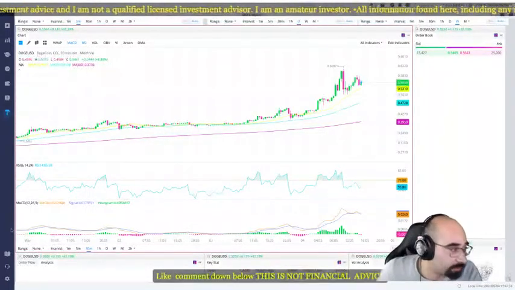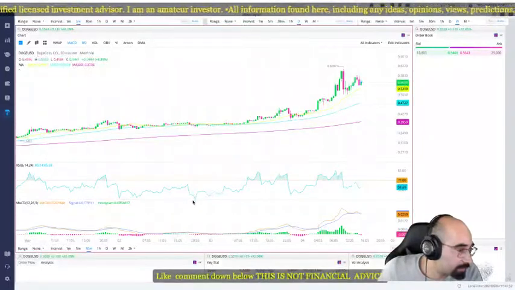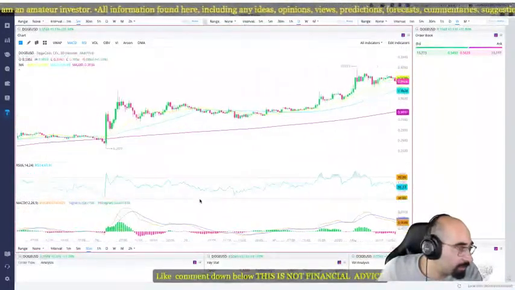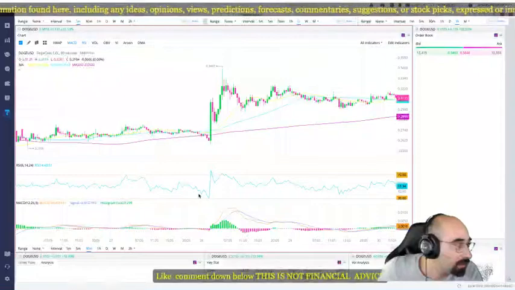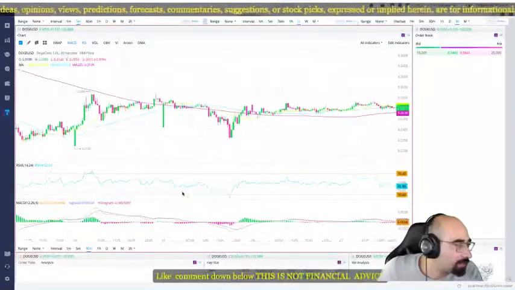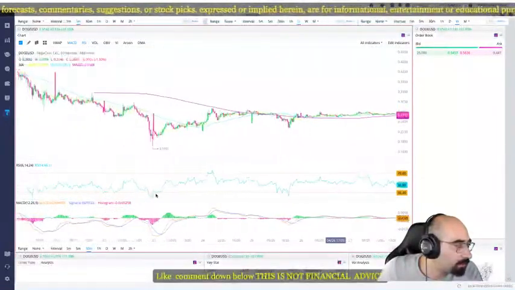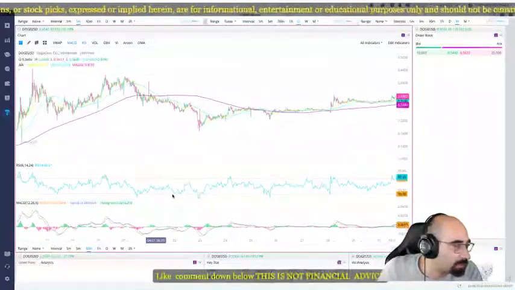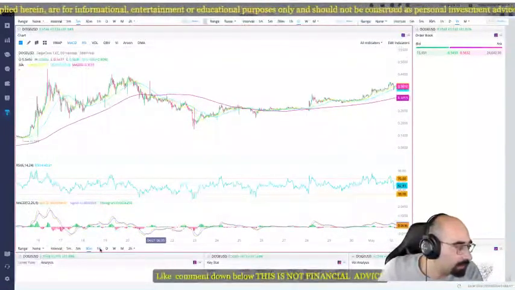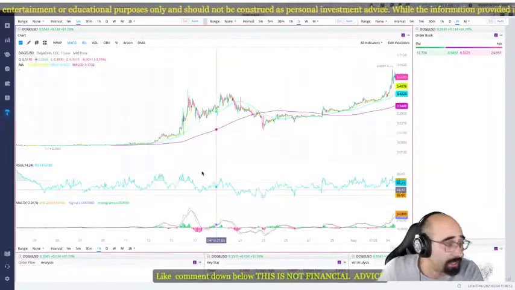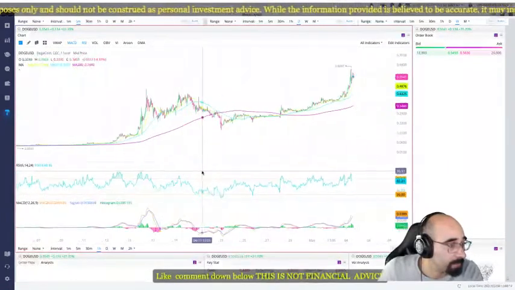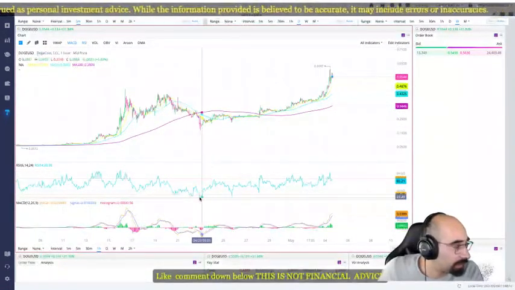So usually my rule of thumb is, let's see, where did I jump back in on this one? I jumped back in on Deutsche. Well, I've always been on Deutsche, but I actually wanted to start playing this one as a swing trade kind of deal. But it was right here.